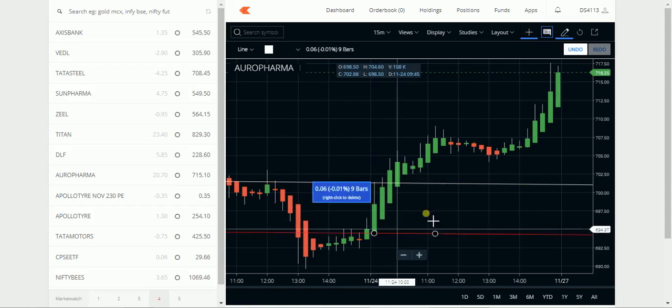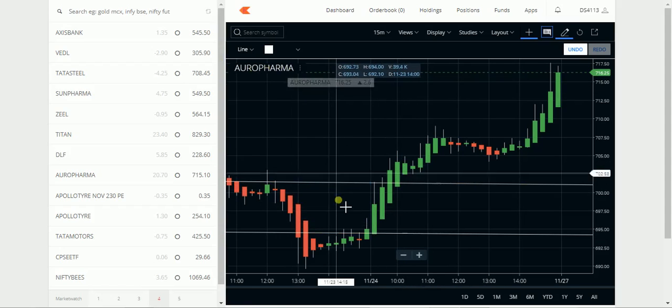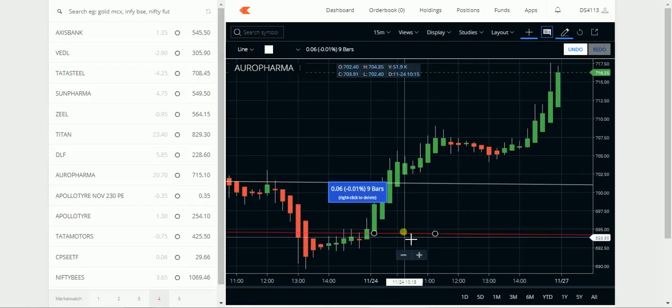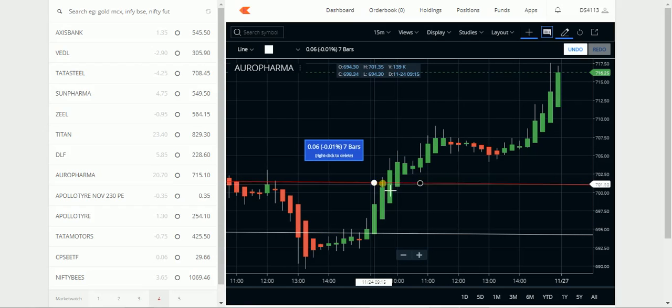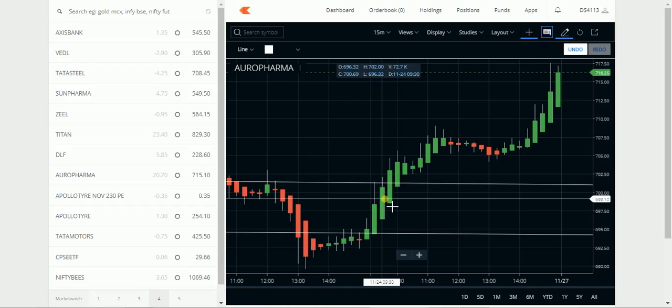As you see over here, Oro Pharma was bullish, and it breached somewhere in this candle, which is the 9:30 candle. In the 9:30 candle it breached, and at 701 I'm going to buy.